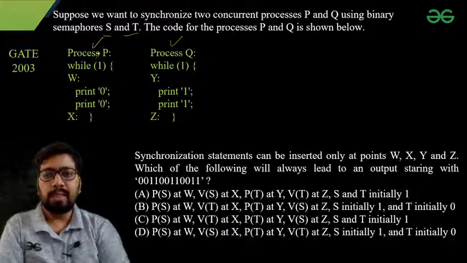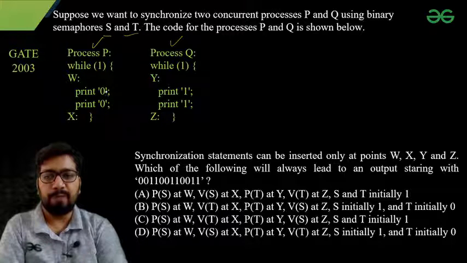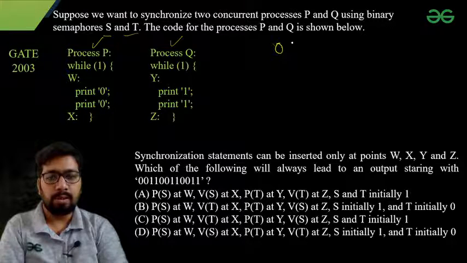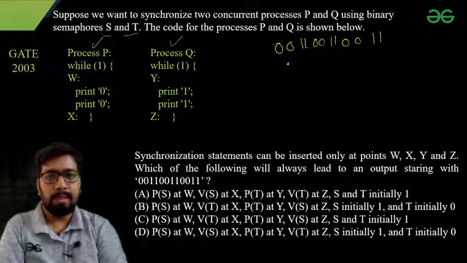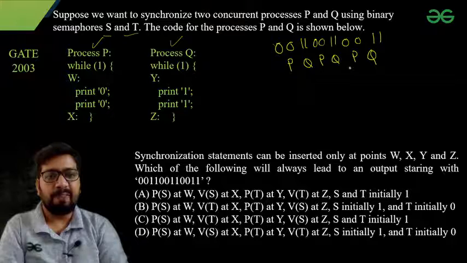Fine. Now you can see if process P performs first, we will get the output 00. And if process Q is performing, we will get the output 11. So if we want this sequence 0011 0011 0011, that means P should perform first, then Q, then P, then Q, then P, then Q. It should be performed like this.